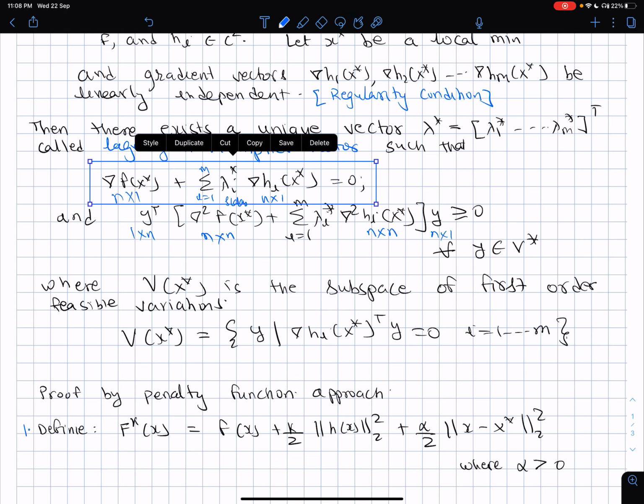This is the first order condition, and just to make it neat and clean, we'll rub all this out.